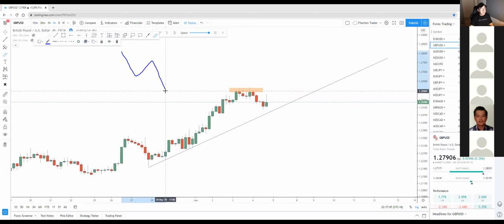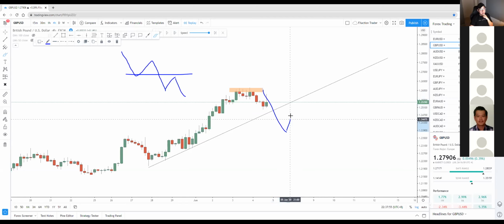It can be either a new low being created, the first evidence, or the second evidence is that I need the market to break below this trend line, and the market forms a double top, and then this double top is a valid double top for me to make my entry. This double top is not a valid double top for me to make my entry. I hope you guys are clear about this.